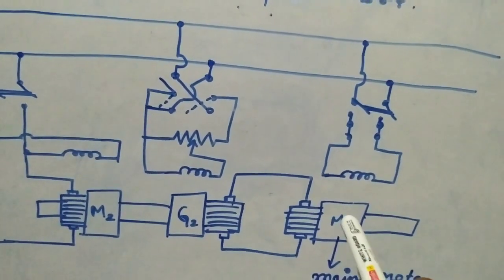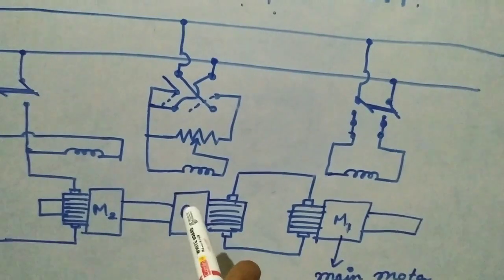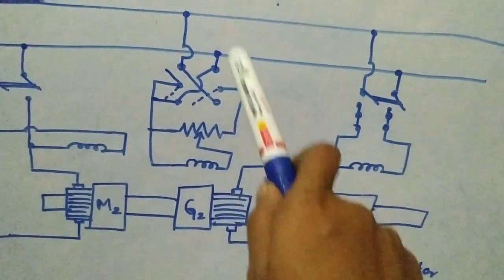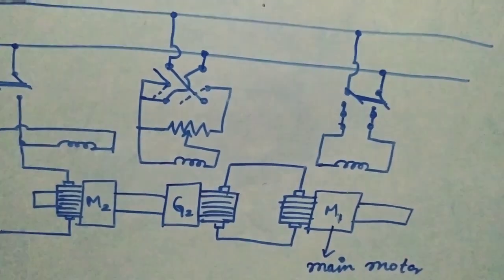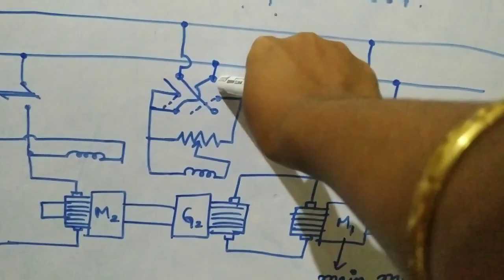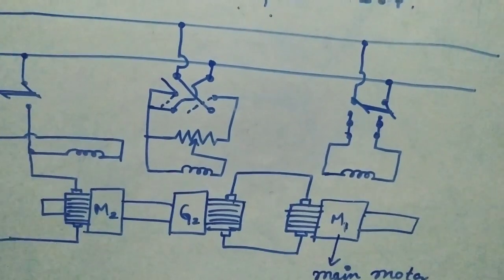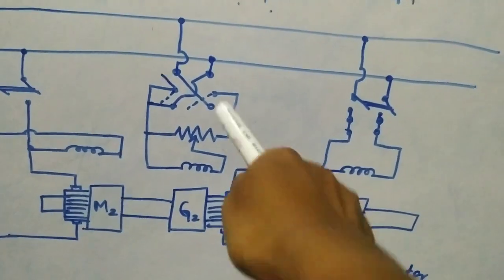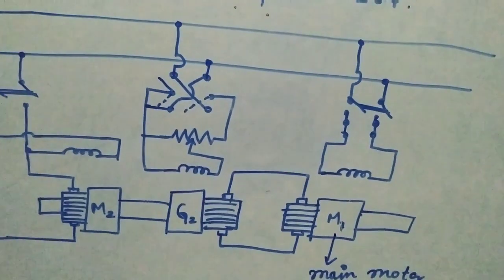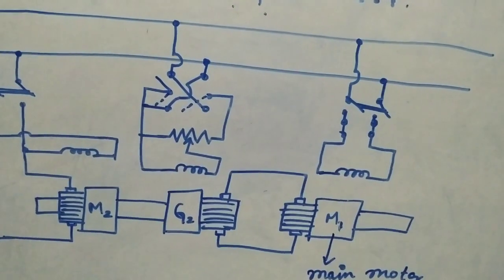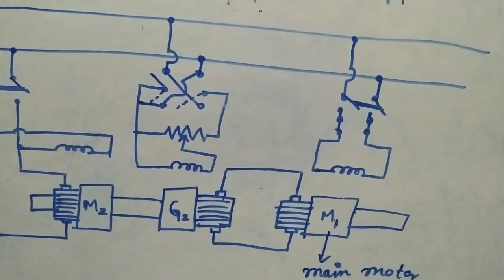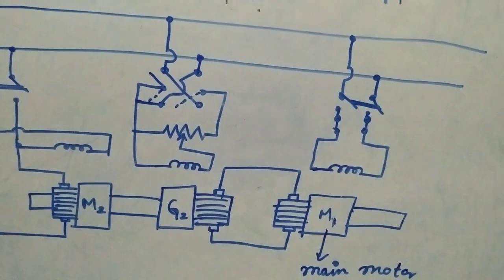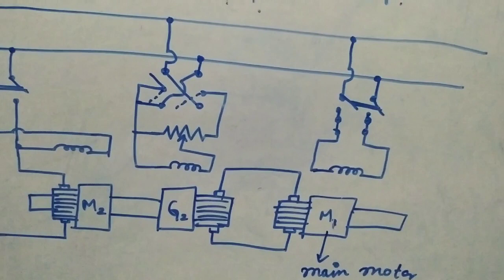The field circuit of this generator is separately excited from the available DC supply through a reversing switch, which you can see here, and a potential divider, so that its excitation can be varied from 0 to maximum in both directions. Thus the generator output voltage will be varied from 0 to the maximum value.